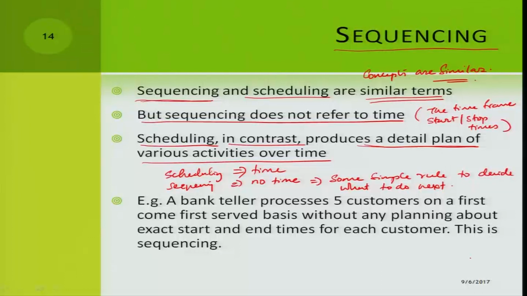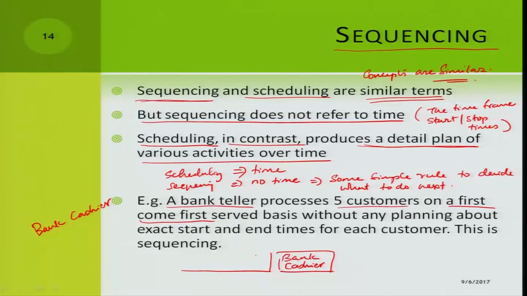Now here is an example for you: a bank teller, or another way to say it, a bank cashier. The cashier processes 5 customers on a first come first serve basis. Think about the bank cashier, and there are 5 customers. My stick figures look like human beings.